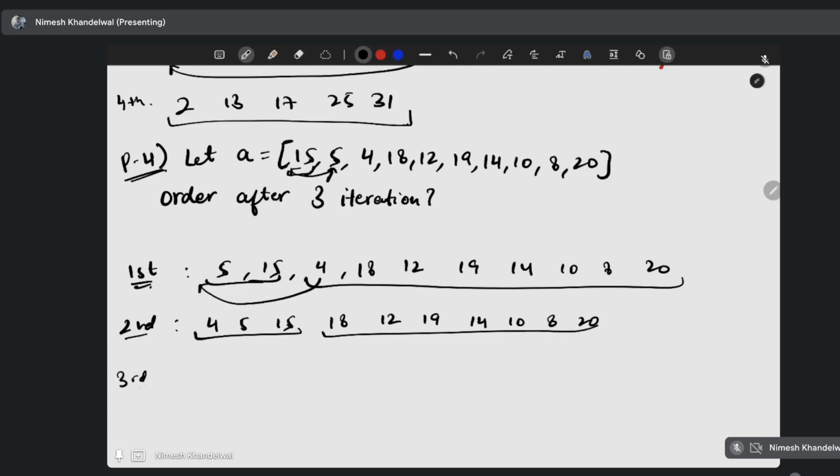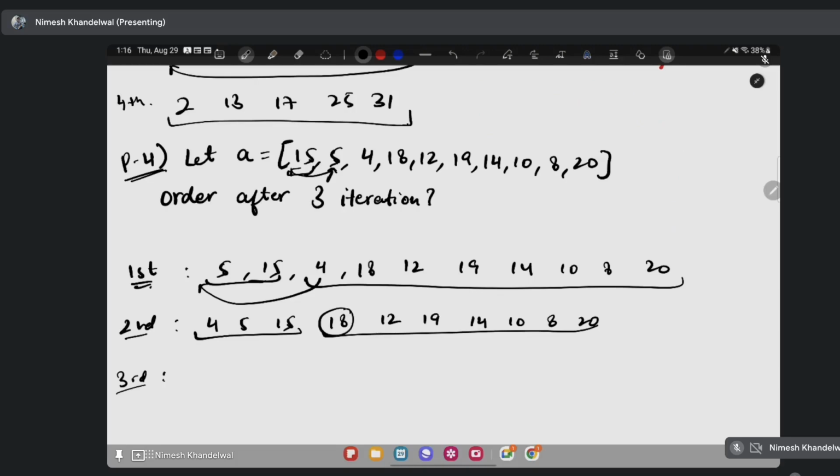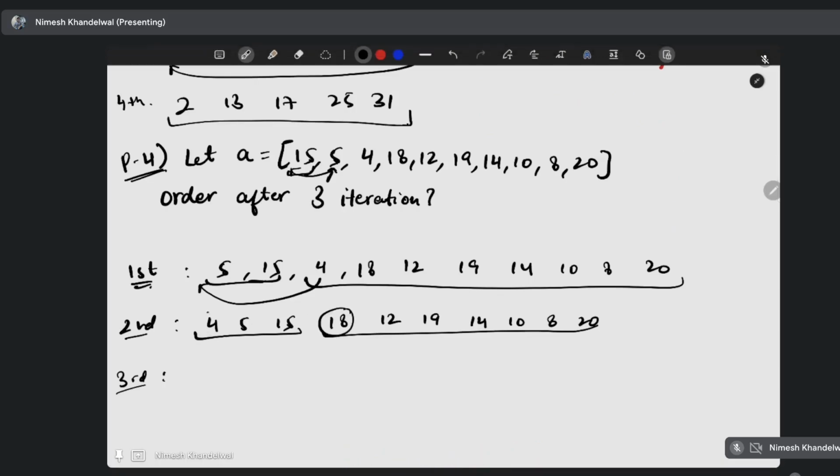In the third iteration, we take the element 18 and we put it in its position, so that will be after 15. 4, 5, 15, 18, 12, 19, 14, 10, 8, 20. This is the unsorted section.